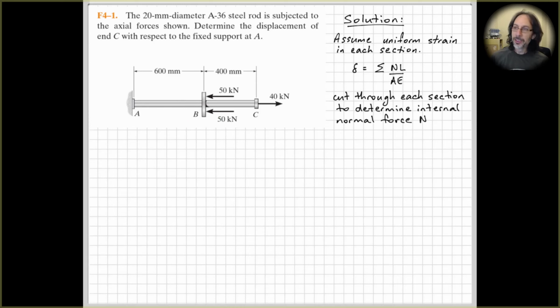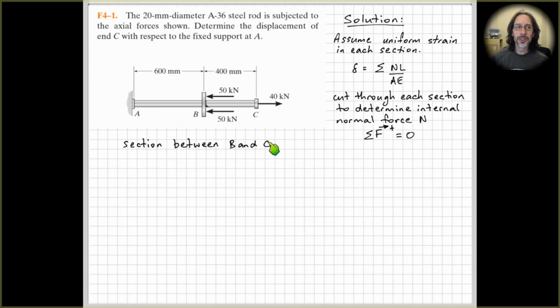All right, so what we need to do is to follow our stress analysis process, take a cut through the section, determine our internal actions. So in this case, we're just going to have normal forces as internal actions. We'll apply our equation of equilibrium, sum of the forces in the horizontal direction equals 0, to find our internal action.